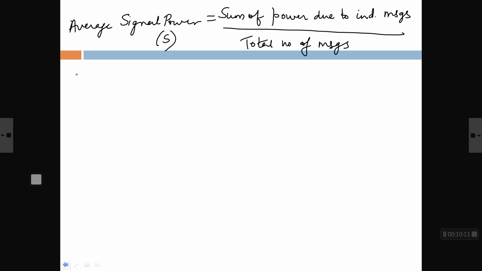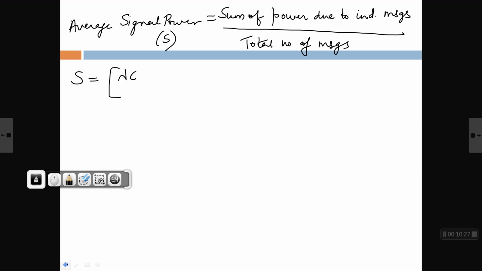Now what would this be? I can write S would be equal to all the different levels which we had seen previously. We have to take them into consideration, all the levels, and we have to take the power. So lambda sigma by 2 the whole square would give the power.